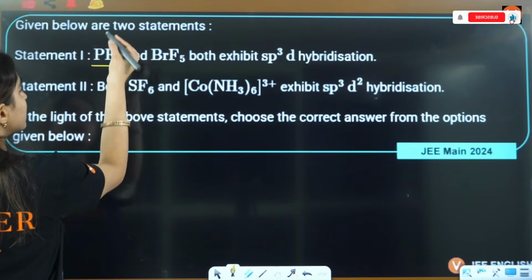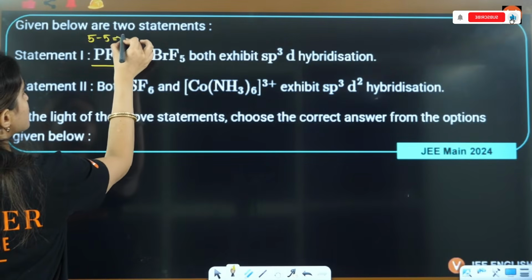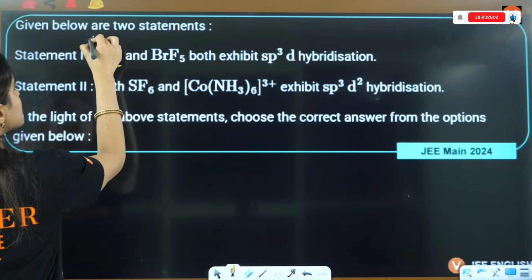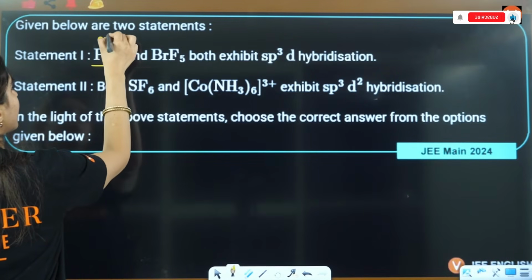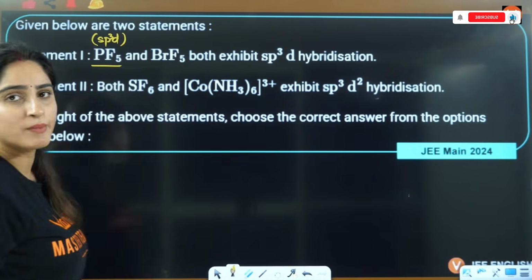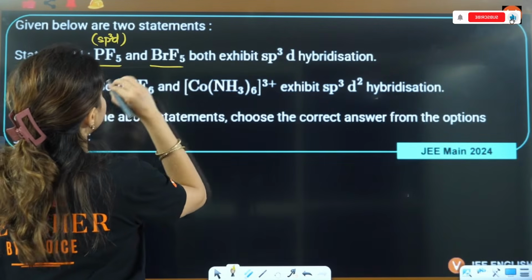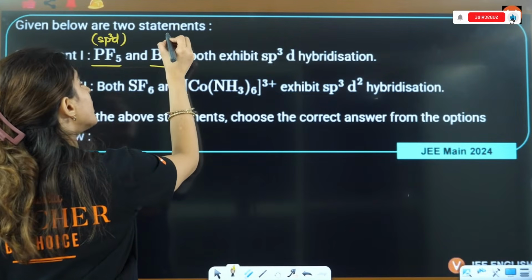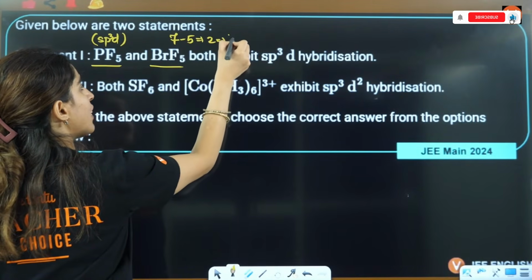So here this belongs to group number 15. So 5 valence electrons minus 5 is 0 lone pair. So sigma bond is 5 plus lone pair is 0. So it is going to be sp3d because the overall steric number is coming out to be 5. In this case, this belongs to group number 7, minus 5, so it is 2 electrons, meaning 1 lone pair.